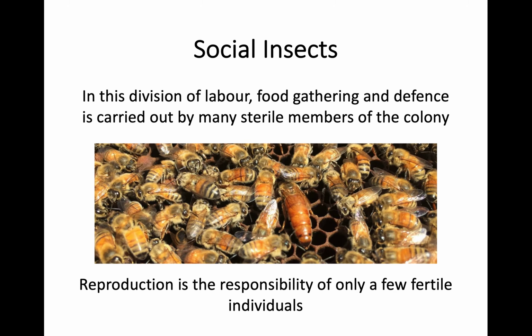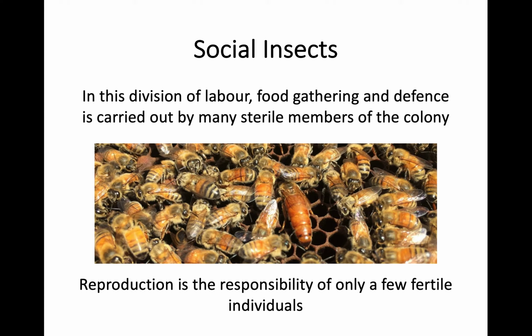So in this social construct that they have, there is this division of labour that I talked about. So there will be sterile members of the colony which cannot have any offspring, okay, so they're sterile, but what they will do is they will work in order to provide food or gather food. They will also carry out defence, and they may also carry out other jobs in the hive, for example.